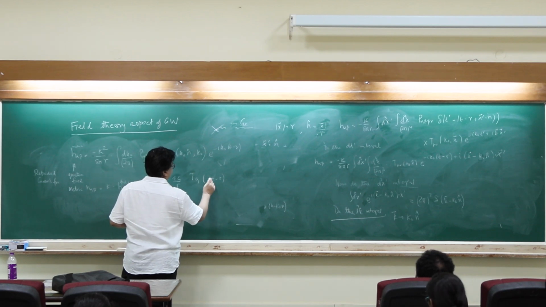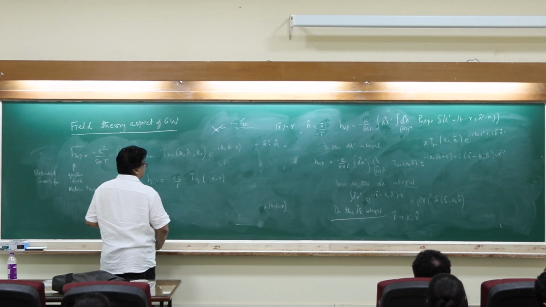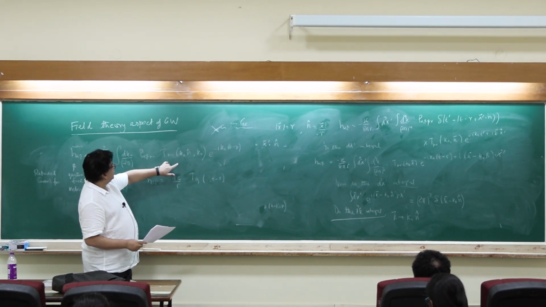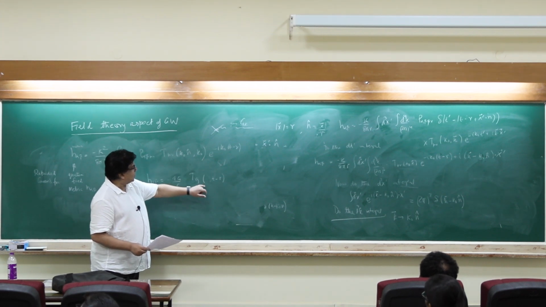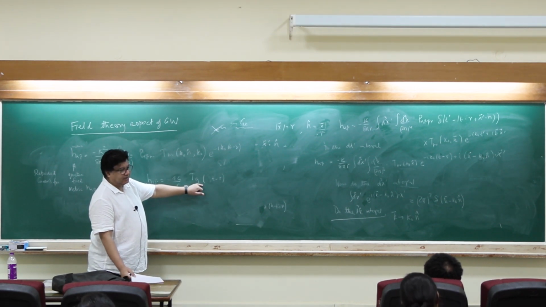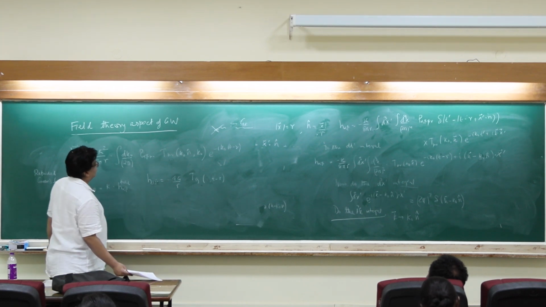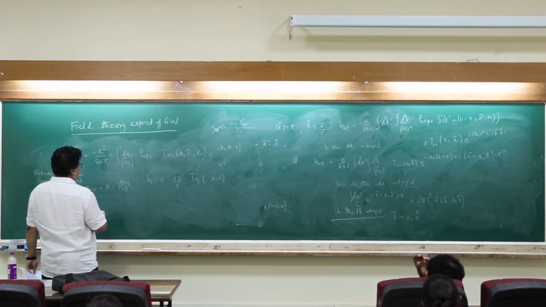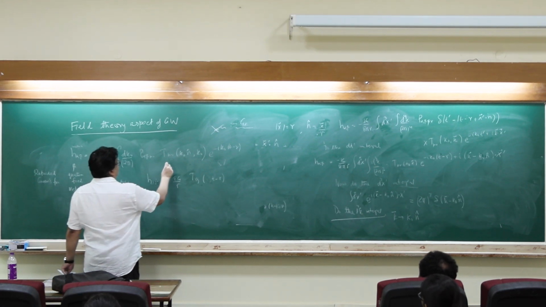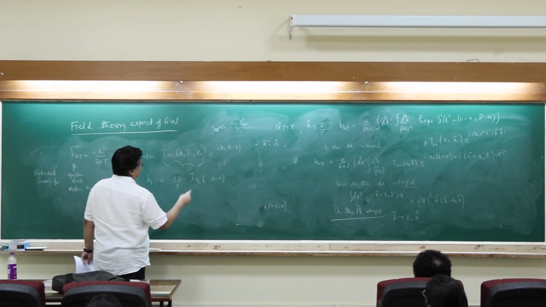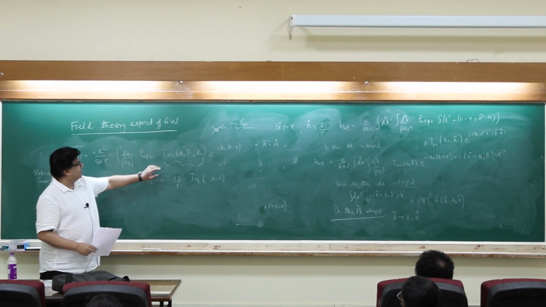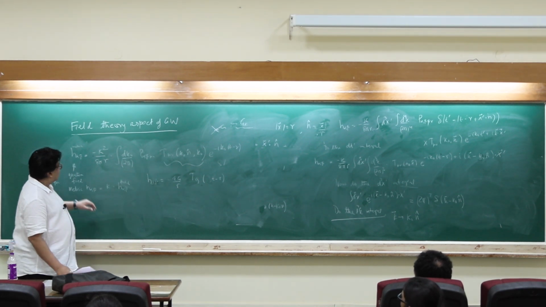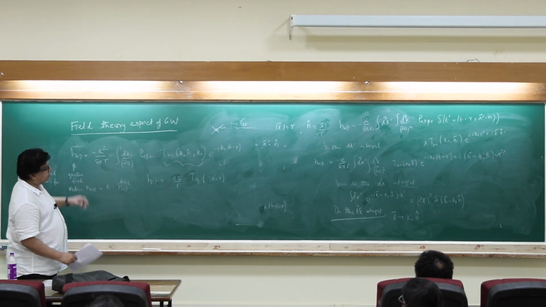This actually just will be a function of t minus r, because this whole thing is the Fourier transform of the Tij in position space. So this formula tells you that you can calculate this from your amplitudes and then stick it in this formula to get the gravitational wave at a distance.